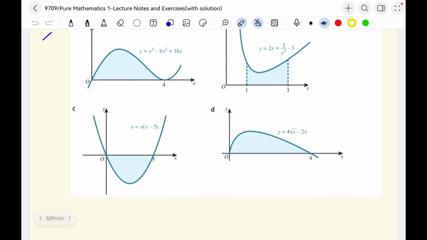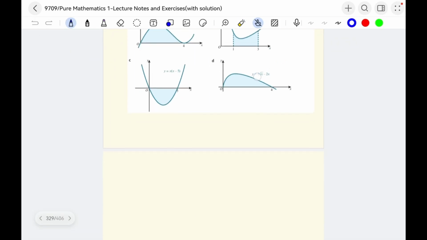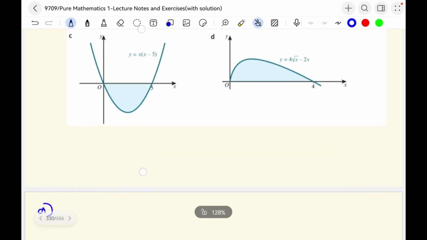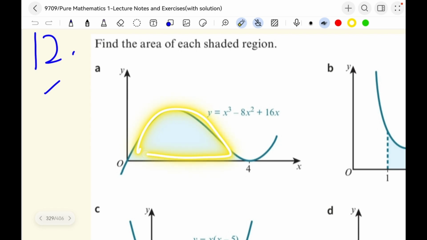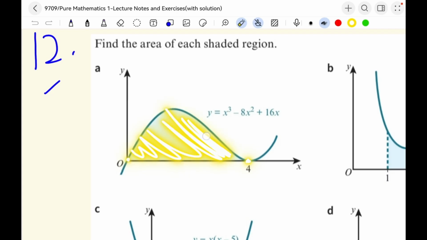So now let's start from A. Here is the region of A in the cubic function. Obviously what you can see over here diagrammatically illustrates the limits of 0 to 4. Just find the shaded region.